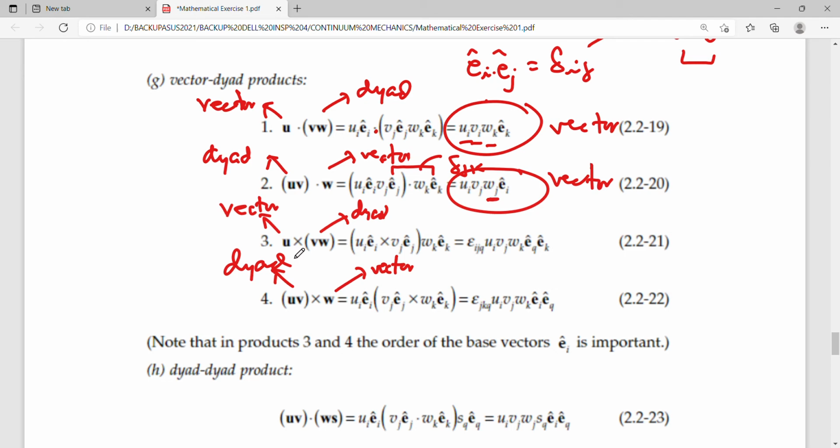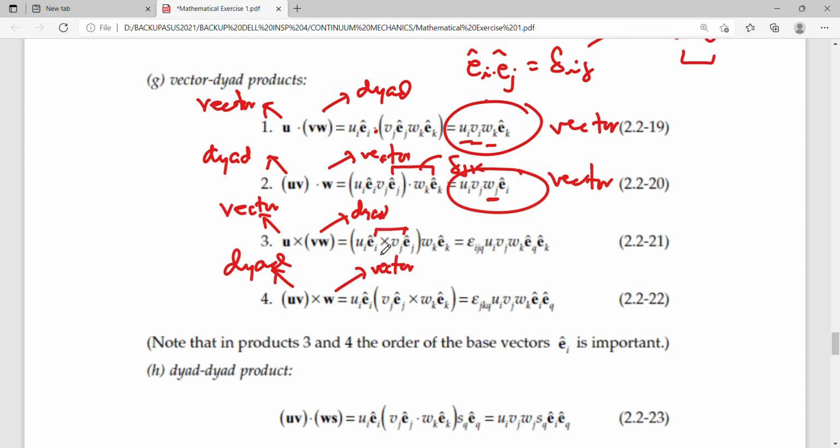So we have a cross product of a vector and a dyad, and a cross product of the dyad and the vector should just interchange the position. And we take note that again, crossing an EI with a VJ here.